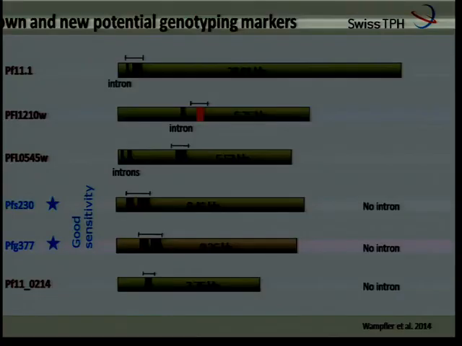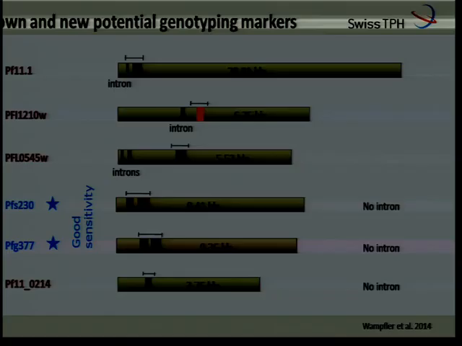So we have assessed a couple of known markers. These are the famous ones, PFG377 and PFS230. But also some new markers, which we expected to be length polymorphic because they have intragenic repeats. So some markers had introns, others didn't have introns.